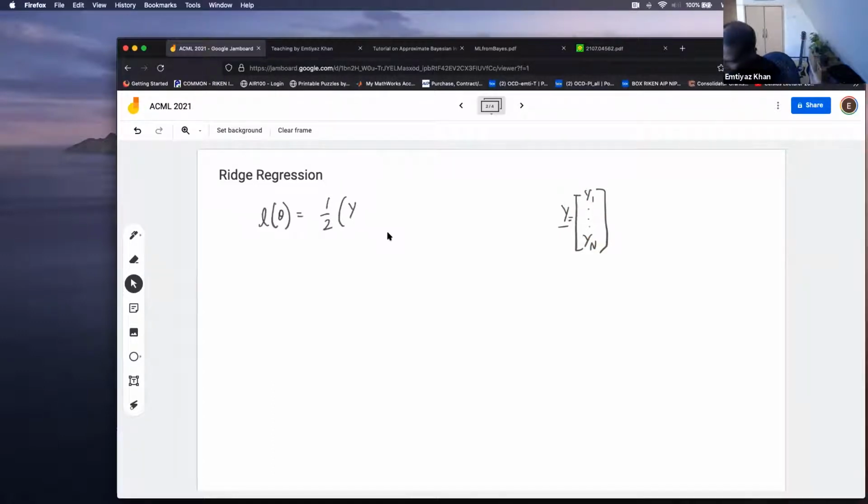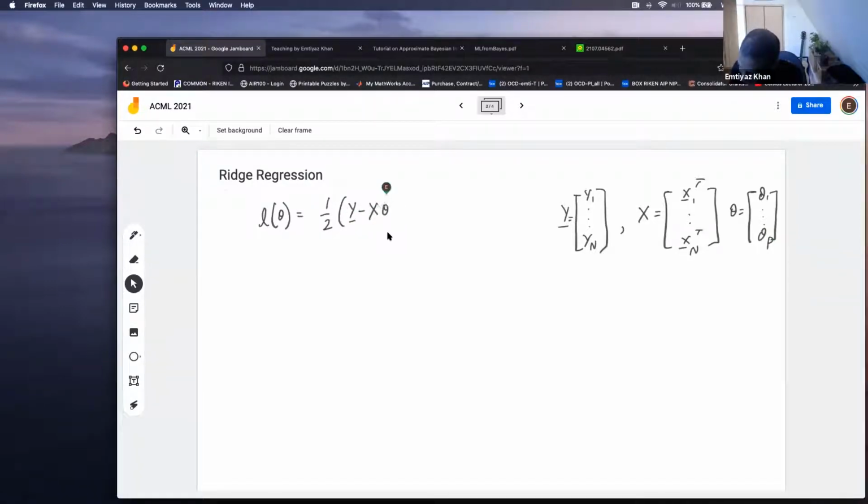And suppose you have features x, which are x1 transpose to xn transpose, the feature matrix. And suppose you have theta, for a linear model, maybe with p parameters. In that case, the linear regression objective can be written as this. I hope most of you know about this already.